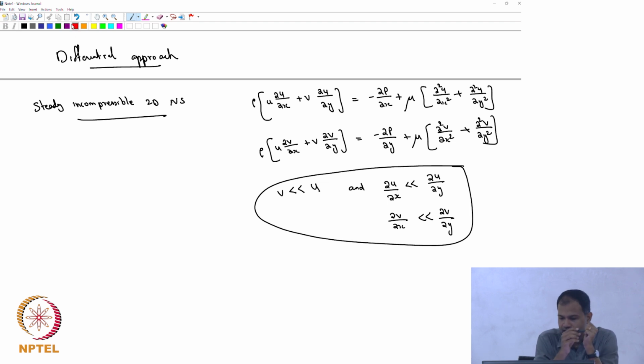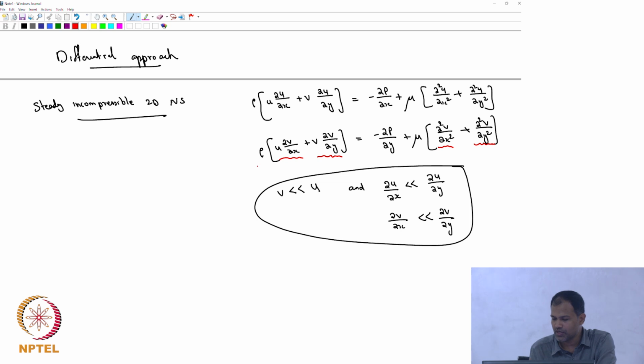And if I use that, and look at my y momentum equation, I find that this quantity has a ∂v/∂x in it. This quantity has a v times ∂v/∂y. This is also proportional to v. This is also proportional to v.